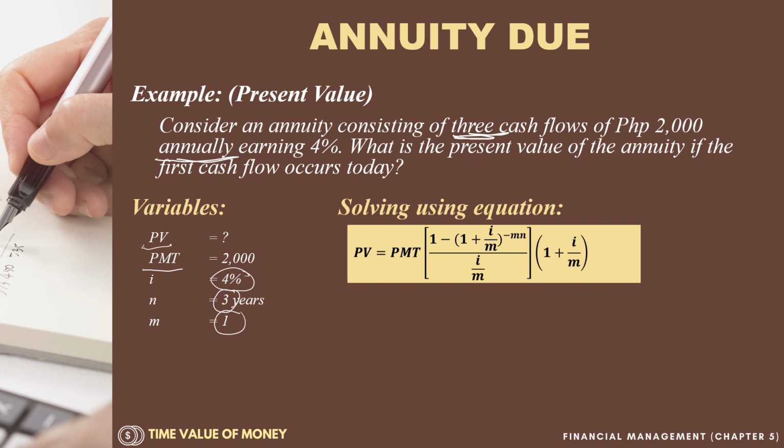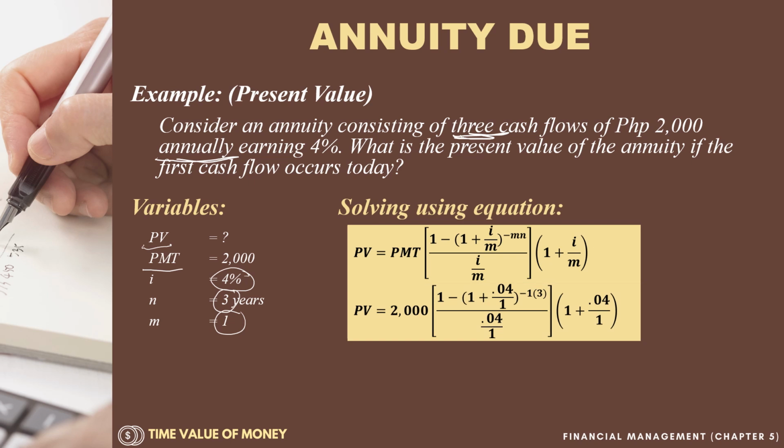To translate this into figures, we have PV equals 2,000, which is the payment, multiplied by 1 minus (1 plus 0.04 over 1) to the power of negative 1 times 3, all over 0.04 over 1, multiplied by 1 plus 0.04 over 1.